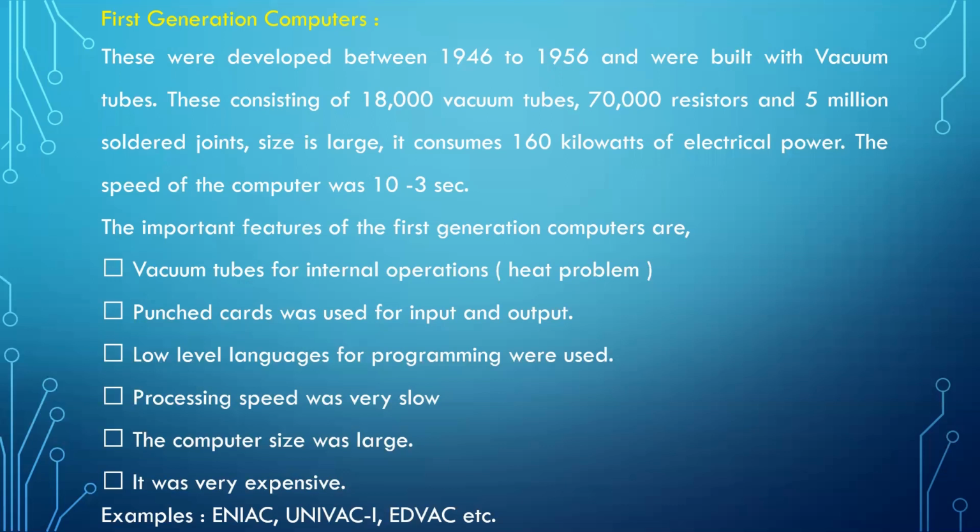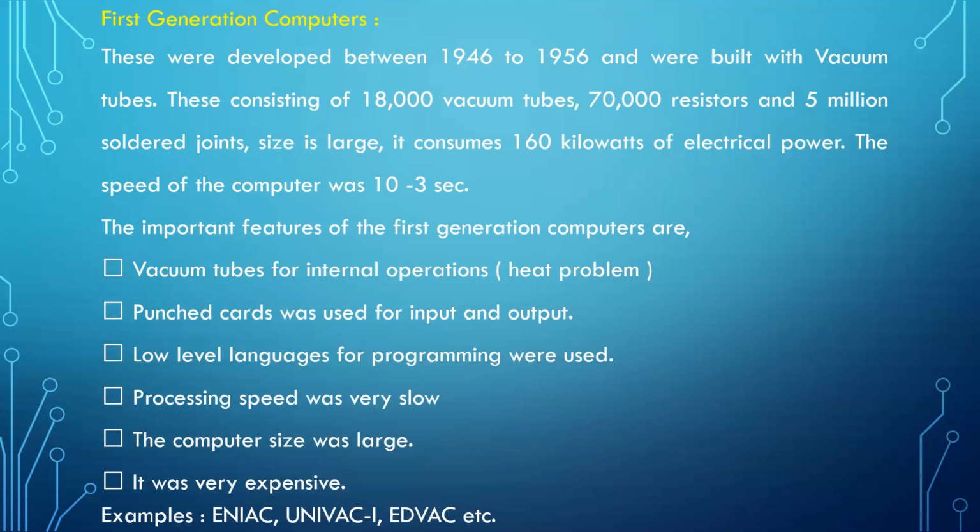Then next, processing speed was very slow. Even in the case of ENIAC, they stated that ENIAC can perform around 5,000 addition operations per second. For first generation computers the speed was around 10 to the power minus 3 seconds, so thousands of operations can be done in 1 second.